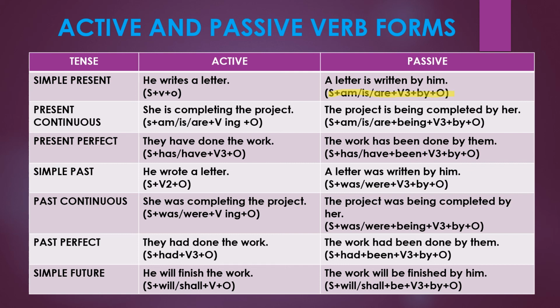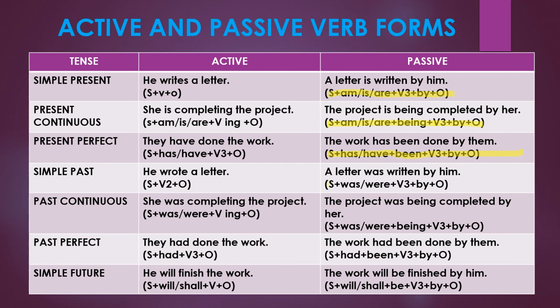Similarly, for present continuous tense: subject plus am being, is being, are being plus third form of verb, then by, then object. For present perfect tense: subject plus has been, have been, plus third form of verb, by, and then object.